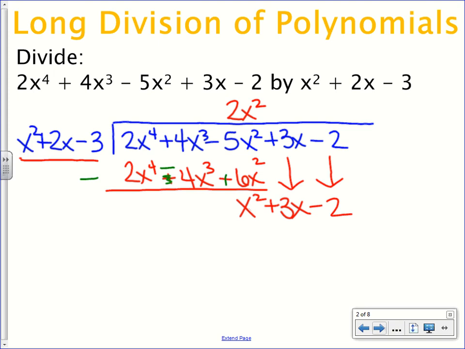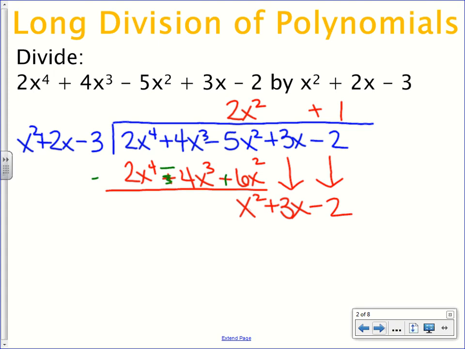Now we get to start this process all over again. We're going to ask ourselves, x squared times what will give us x squared? That would be 1. Now we take our divisor and multiply it by 1.